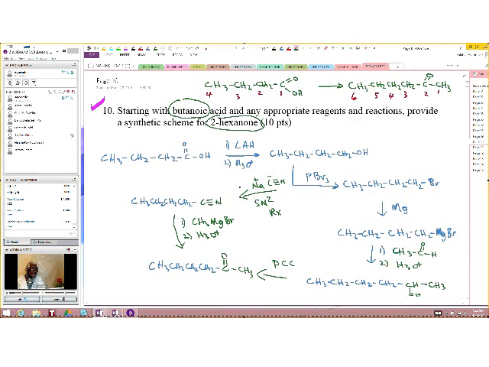Keep in mind that the Grignard reagent will react with a nitrile to give you a ketone. That depends on the type of Grignard reagent you are using. If you follow that, give me a happy face. Okay, very good. So we are moving right along.